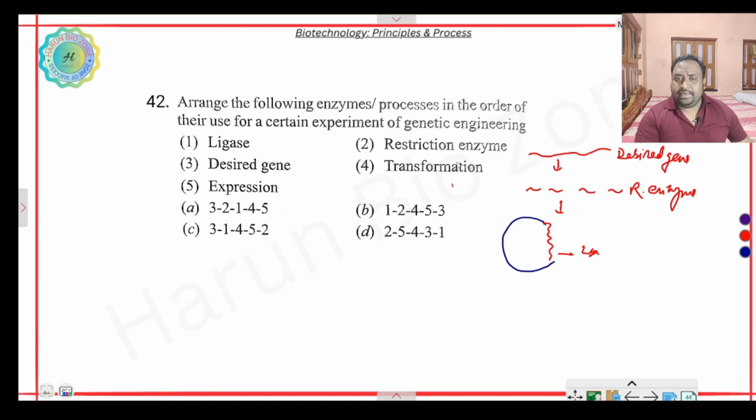Then transformation. The first is the desired gene, second restriction enzyme, third ligase, fourth transformation, fifth expression. Here A is the correct option.